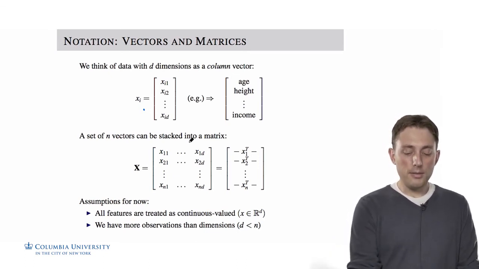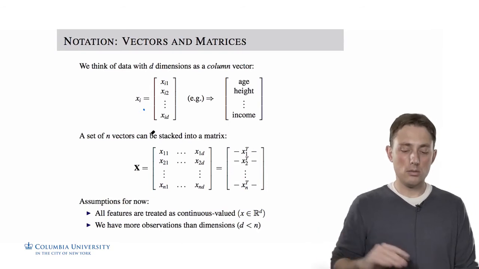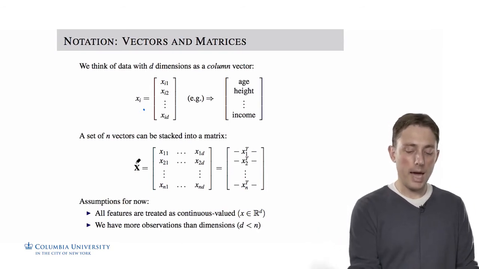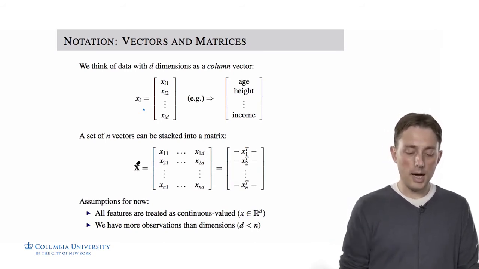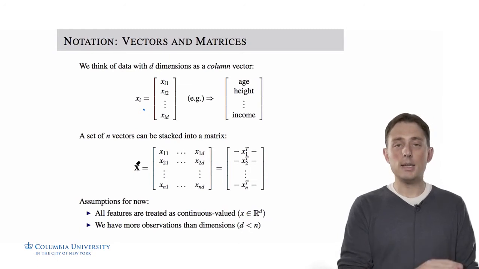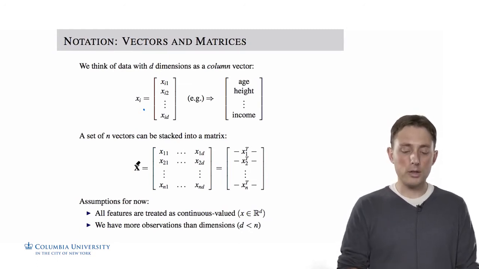And the set of n vectors are going to be stacked row-wise into a matrix. So when I write capital X, I'm assuming that each row corresponds to one observation. So the vector xi is transposed to become a row vector and put along the ith row of this matrix X.